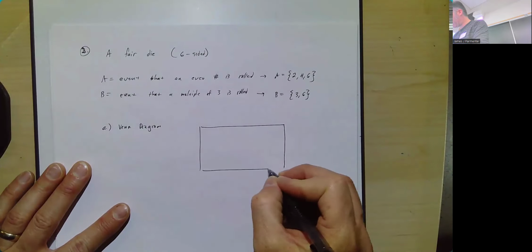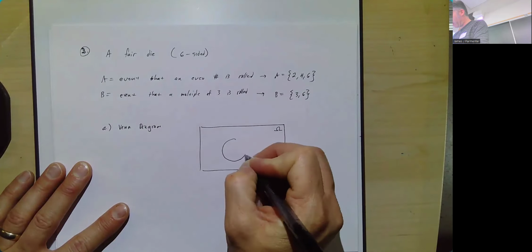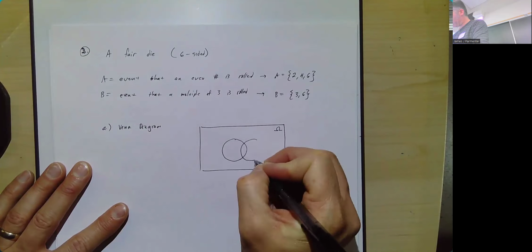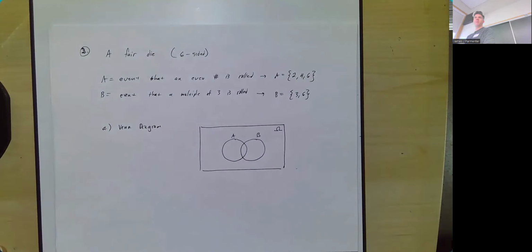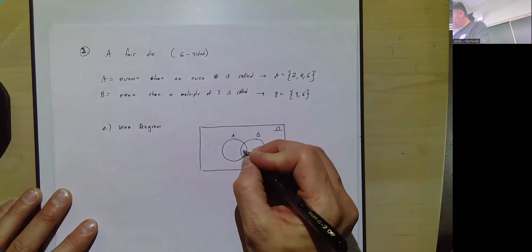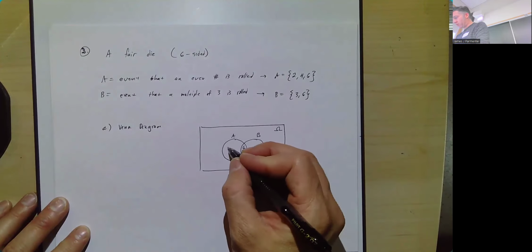So the big square here is like your entire sample space. And then our circles are A and B, and there's probably some overlap. In fact, let me ask all of you, what is in the overlap of A and B? 6, cool. There's 6 right there. And in A, but not in B, are 2 and 4.